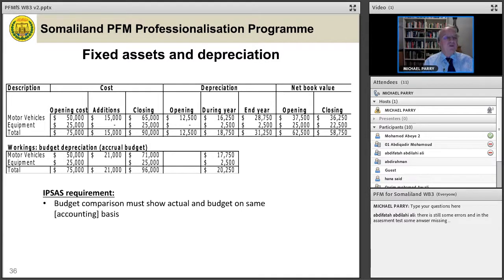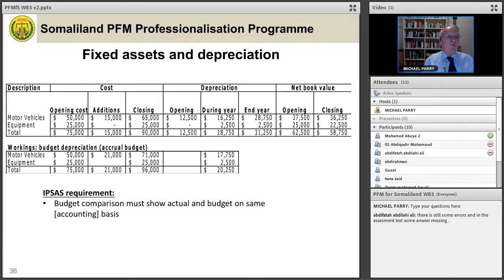Even if countries use accrual accounting, most countries use cash budgeting. And in those situations, you've got to decide: are you going to adjust your budget, or are you going to adjust your statement of operating surplus or deficit to put them on the same basis?